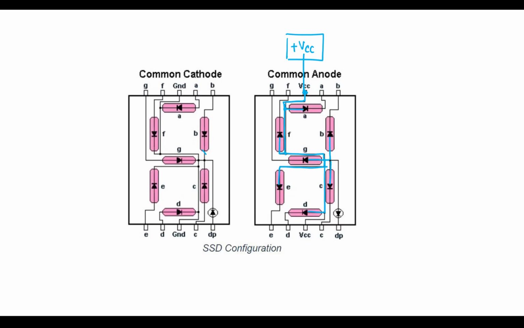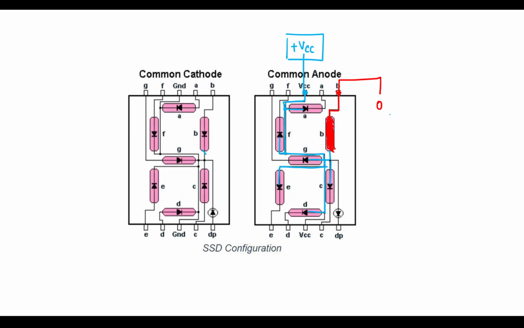Since the P sides are already connected to VCC, for any of these LEDs to be forward biased, we need the N side, which goes to the A, B, C, D, E terminals, to be connected to ground, or to have a low input, basically logic value 0. If the N side is connected to logic value 0 and the P side is connected to VCC, only then will a particular LED glow. So if I need this LED to glow in a common anode SSD, I will need to give it 0 output.